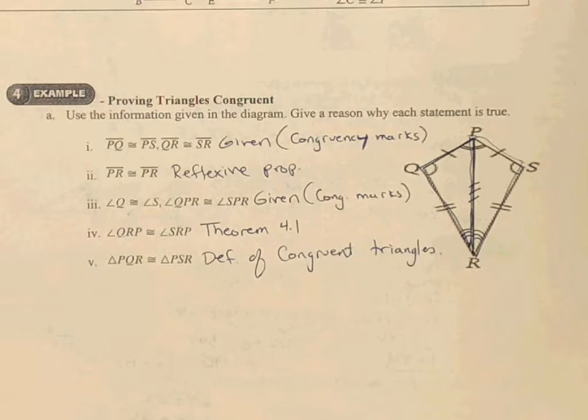That 2 triangles are congruent when they have 3 pairs of congruent corresponding sides and 3 pairs of congruent corresponding angles.